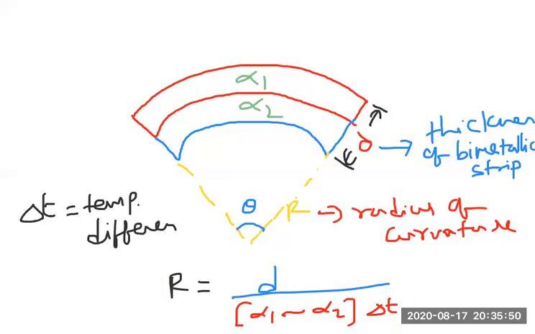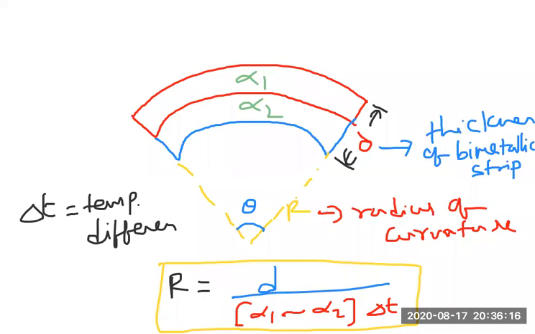R is the radius of curvature, D is the thickness of the bimetallic strip, alpha 1, alpha 2 and delta T is the temperature difference. They will provide everything in the exam for this bimetallic strip. You can solve problems on the bimetallic strip using this knowledge. I hope you are clear till here.